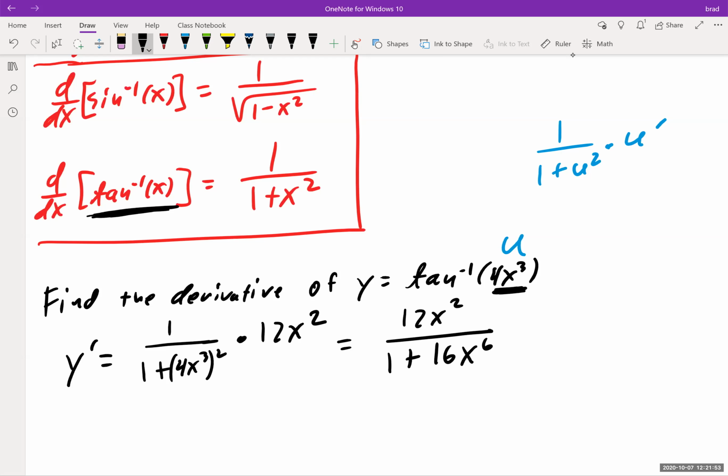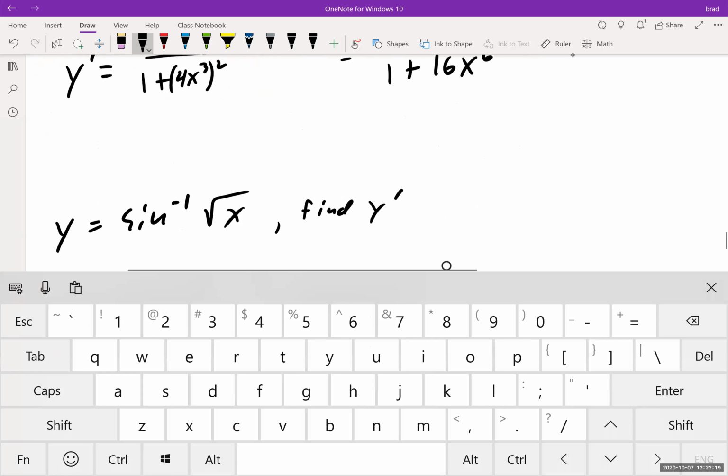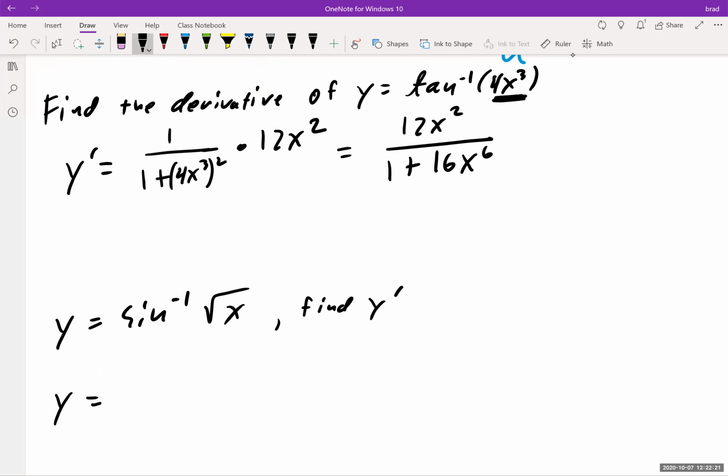Okay, let me give you another practice problem. What if we said y equals sine inverse of the square root of x? Find y prime. The first thing I'm going to do is rewrite this as sine inverse of x to the 1/2.